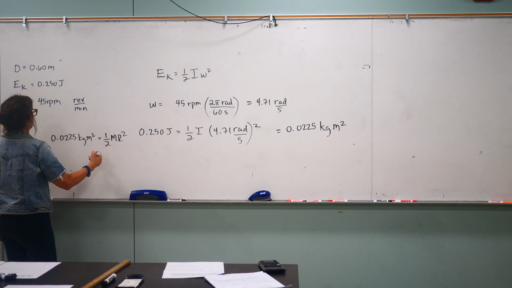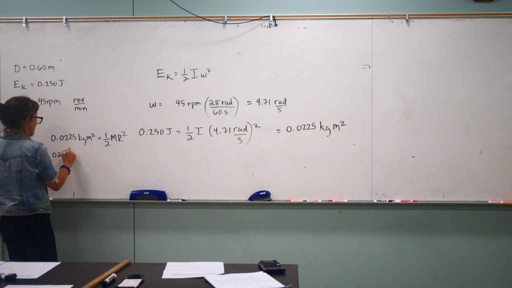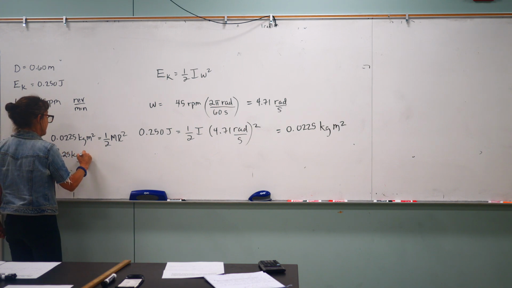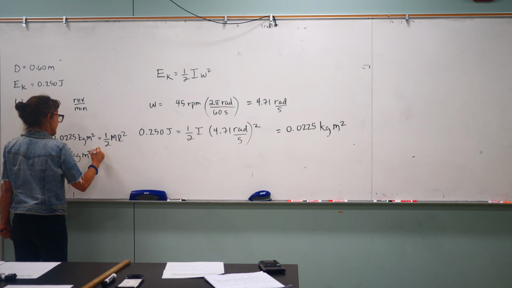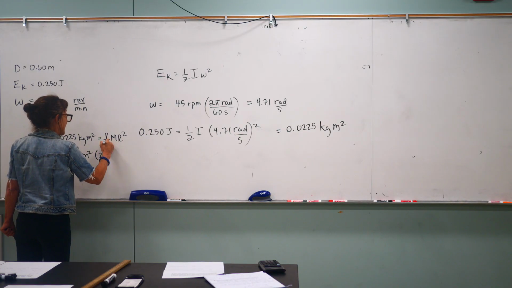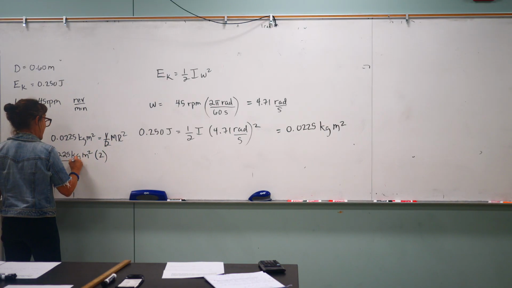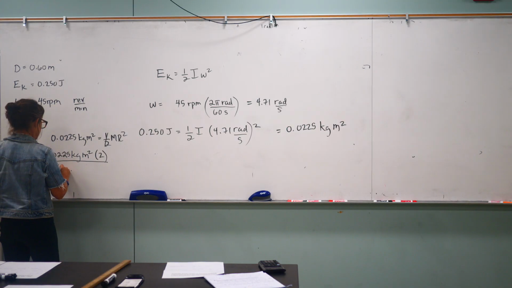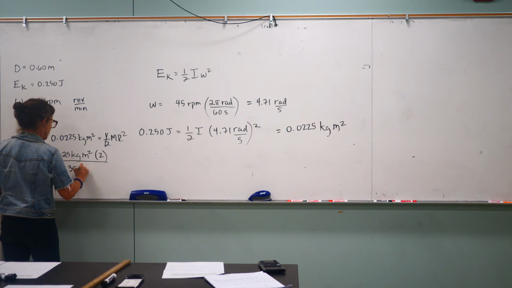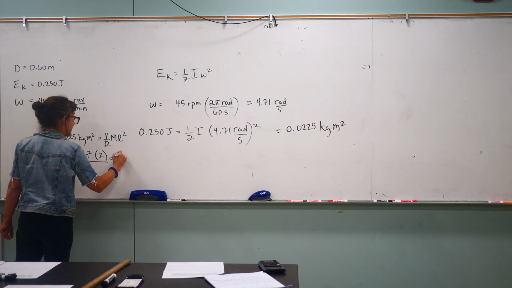So we're finding mass, and we know R is 0.30 meters. So mass is 0.0225 kilograms meter squared times 2, divided by R squared, which is 0.30 meters quantity squared.